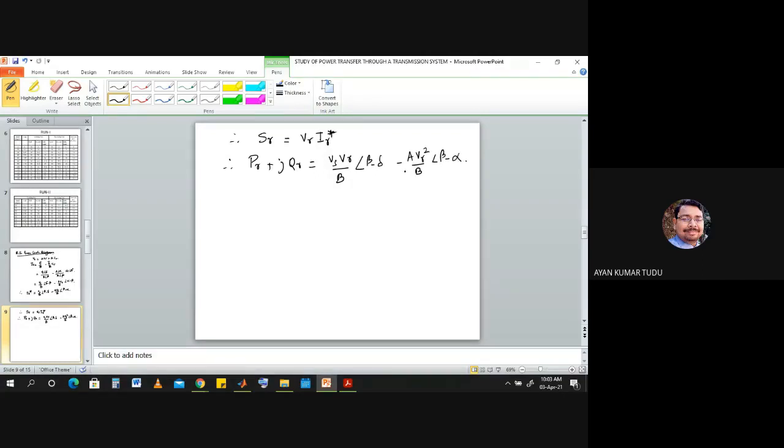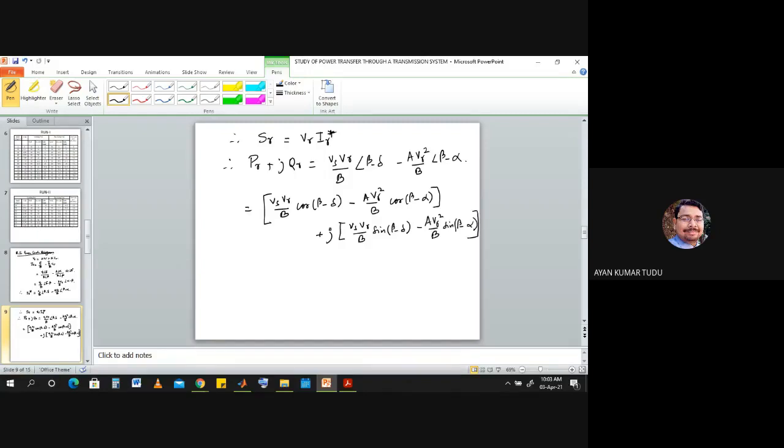If we expand them into their real and imaginary terms and separate them, we get Vs VR by B cos of beta minus delta minus A VR square by B cos of beta minus alpha, plus J times Vs VR by B sine of beta minus delta minus A VR square by B sine of beta minus alpha.